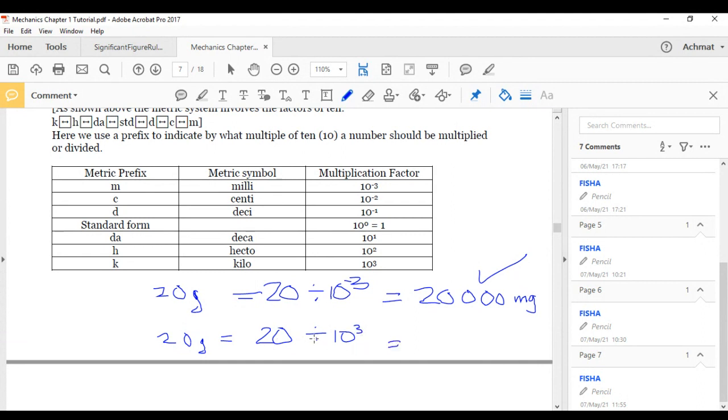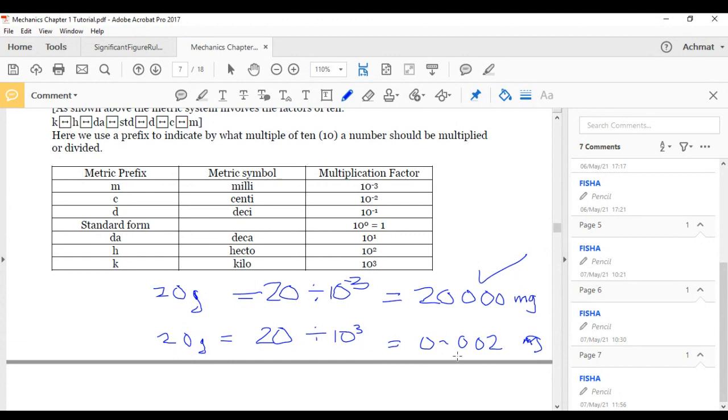What will this give us? 20 divided by 10 to the minus 3, that will give us 20 multiplied by 10 to the minus 3. And that would actually give us 0.002 milligrams.